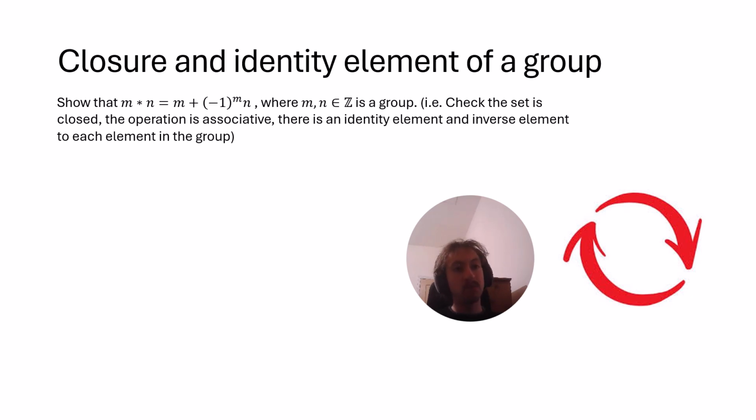We have an operation star where m star n is defined to be m plus minus 1 to the power m times n, and m and n are integers. So the Z is the set of integers.